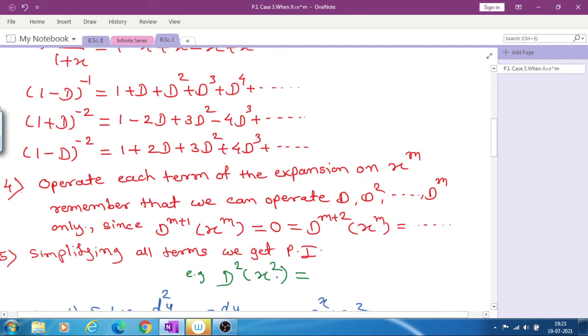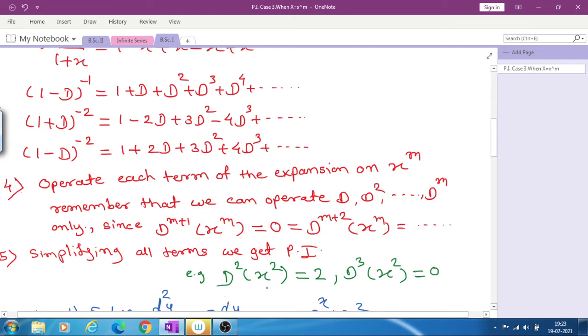The derivative of x square, first derivative, is 2x, and again the second derivative of x square, that is the derivative of 2x, is 2. So the second derivative is 2, and if we find the third derivative of x square, since the second derivative is 2, the third derivative will be 0.